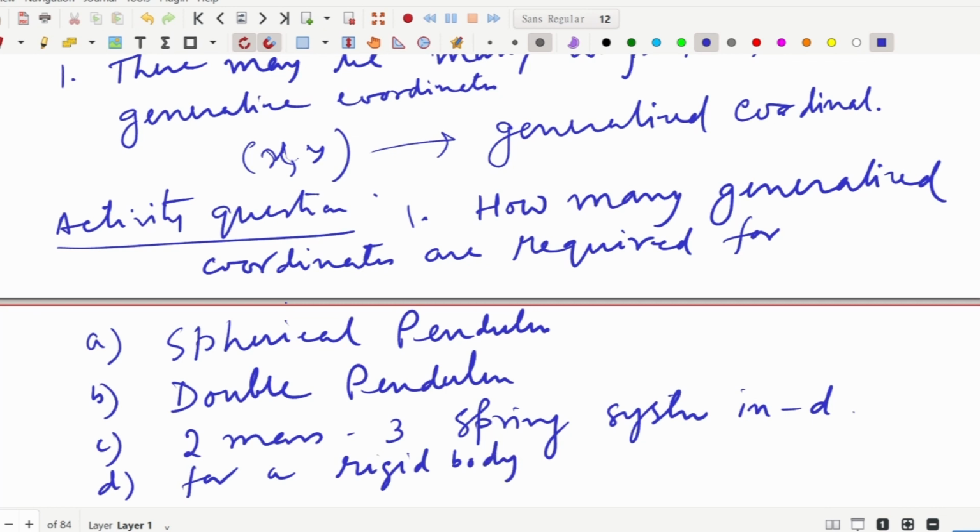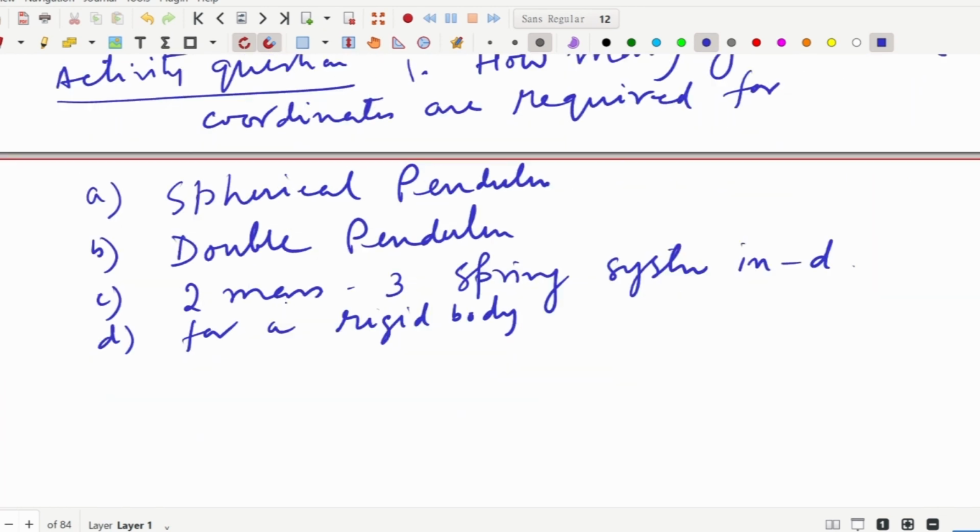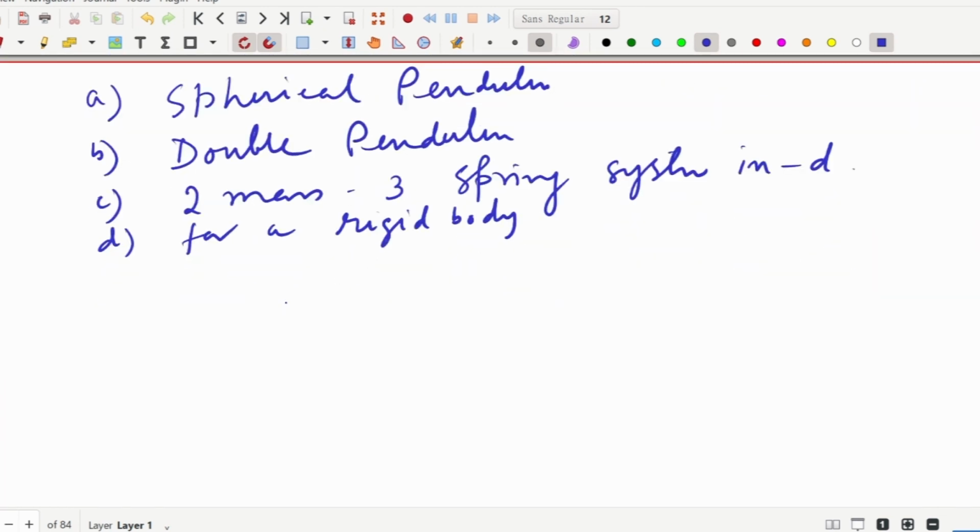So try to think how many generalized coordinates there will be. Also find what the constraint equations are, how many variables you need, and what the choice of these variables will be.